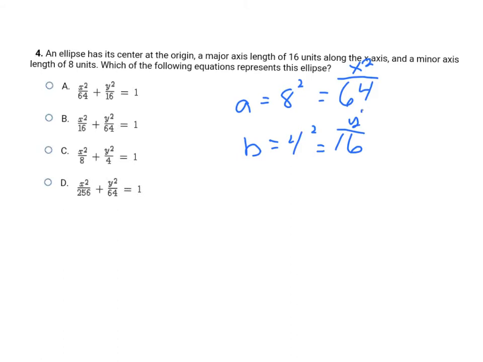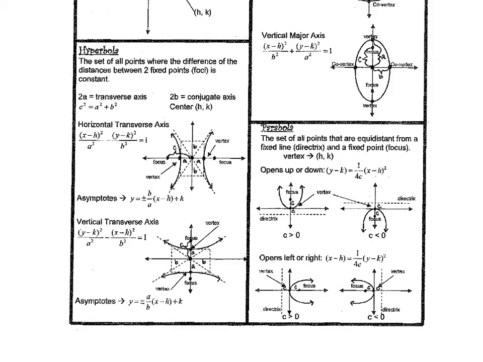And that leaves the 16 to have the y squared above it. So looking at here, that means that A could be my answer, B couldn't be my answer because it has the wrong number under x squared, C has the wrong number under x squared, and D has the wrong number under x squared. So my final answer is going to be A.